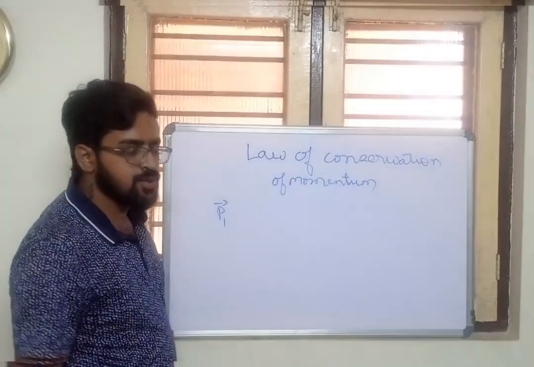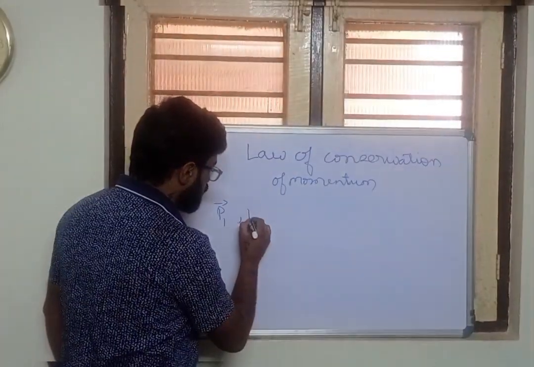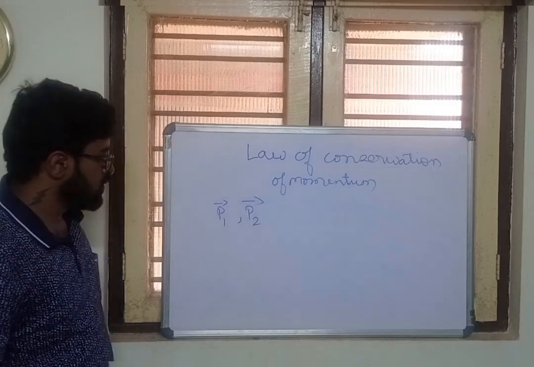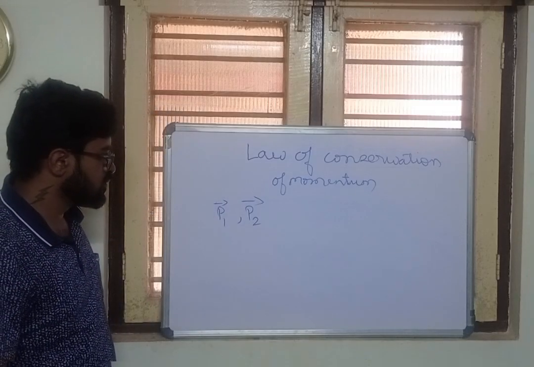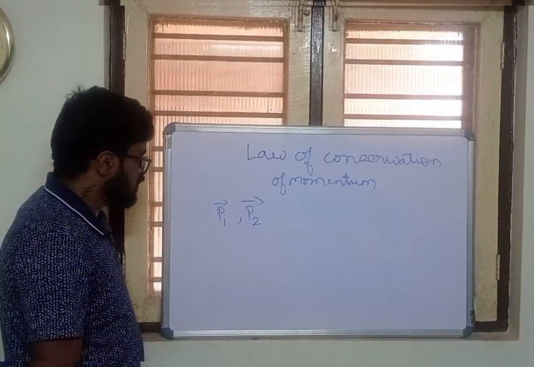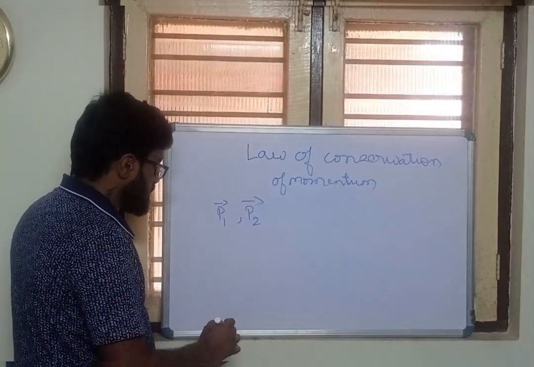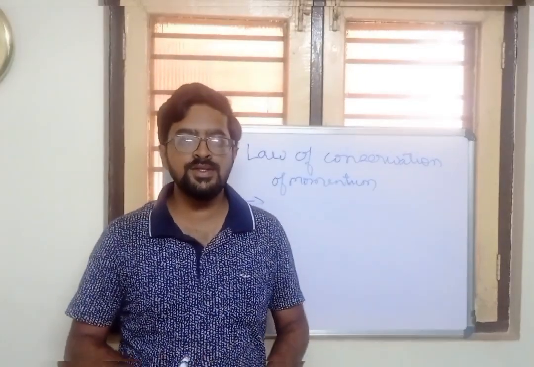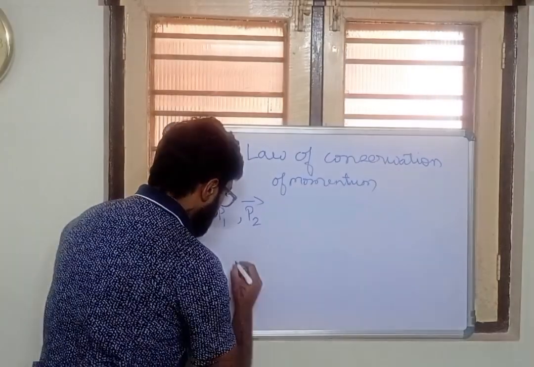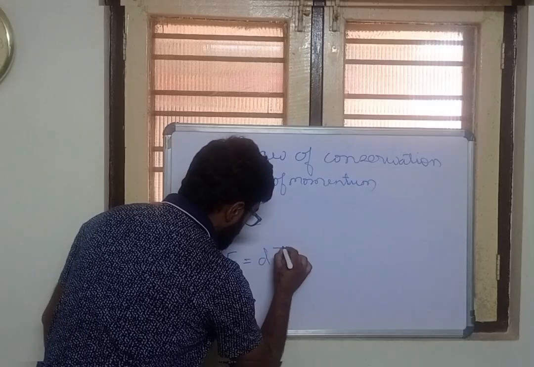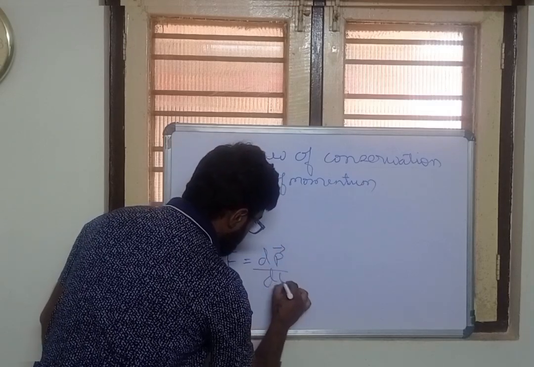Let another body be moving with a momentum P2. So by Newton's second law, we have F is equal to dP by dt.